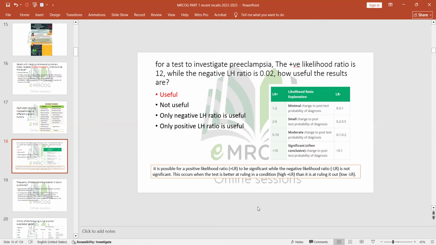This means that this test can rule in a condition, because it's a positive likelihood, but it cannot rule out the condition. So yes, this can happen. If in the exam they give me a negative likelihood ratio of 1, or let's say 0.8, 0.9, this is very close to 1. This is a bad negative likelihood ratio.